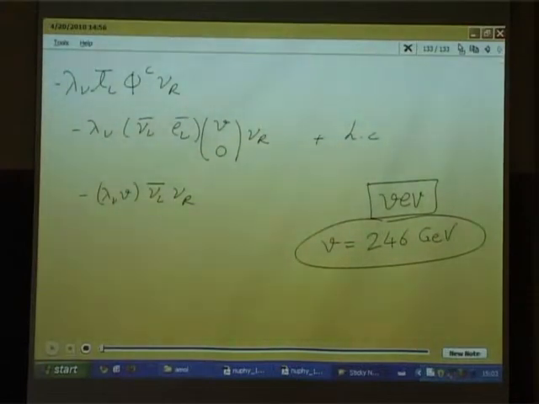Thing to remember is that V is 246. This also gives us some idea of what the neutrino coupling constants are. Okay, so we know that lambda E times V is how much?